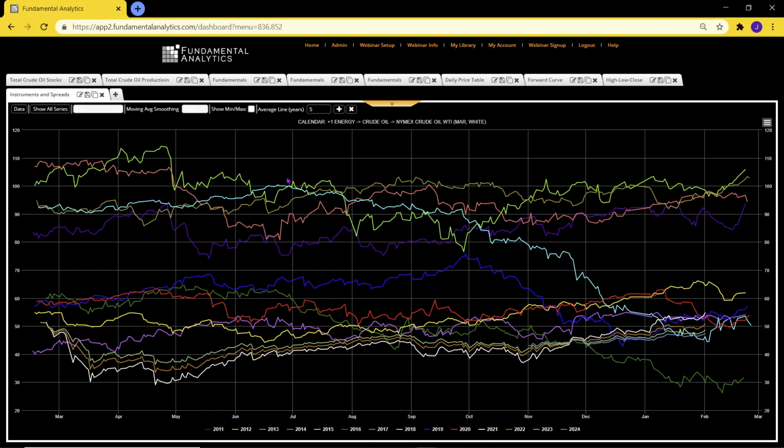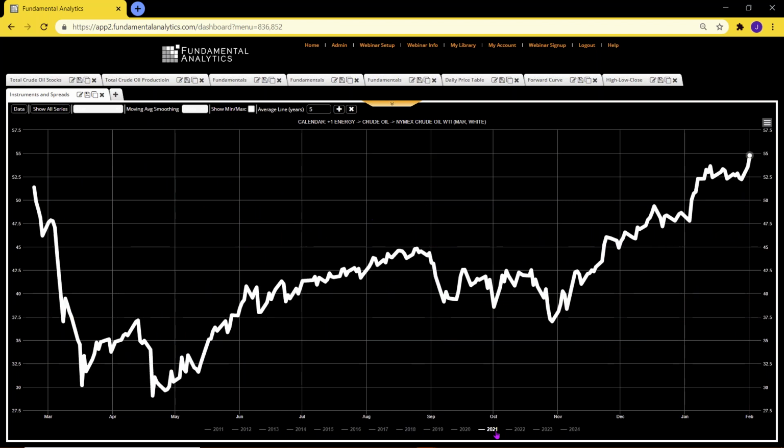So this is a year-on-year chart of prices with what we call the forwards. The front month is the 2021 contract, and I'm holding the control key down and left-clicking on that, and it shows me what this particular March contract has been doing since a year back.